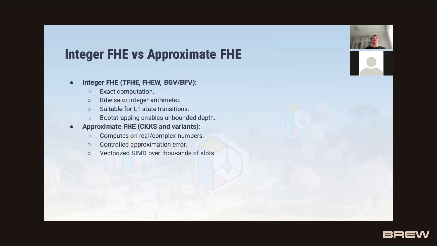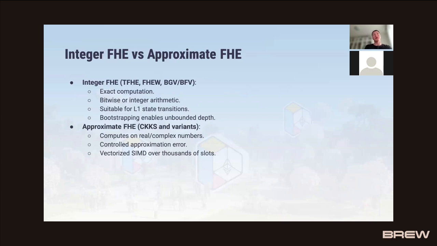So we could see that there are two classes of use cases, and not surprisingly, there are also two classes of FHE schemes actually. Integer FHE schemes, which are, for example, TFHE, BGV, BFV, and another class which is approximate FHE, for example, CKKS and its variants.